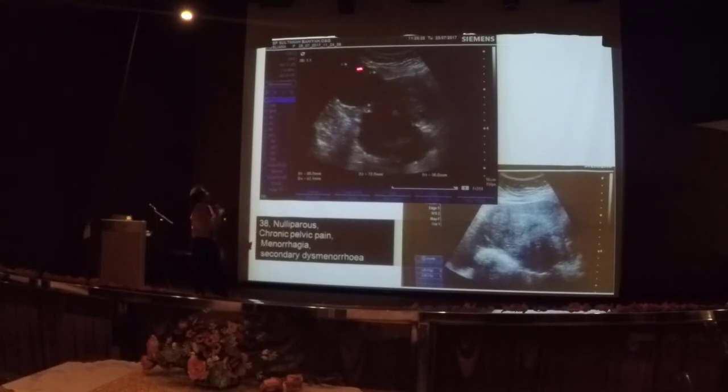This is kissing ovaries, right? Ovaries kissing each other, the cysts. So the spot diagnosis will be nulliparous, chronic pelvic pain, menorrhagia, secondary dysmenorrhea. Endometriosis with adenomyosis.